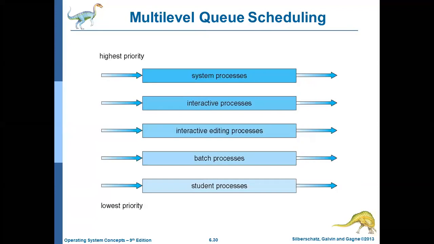Interactive editing, some SJF, batch process, student process, FCFS. Each and every queue has its own scheduling policy. That algorithm may be of any type, either FCFS or SJF or round robin or priority. Mainly you have 4 types: FCFS, SJF, priority and round robin.